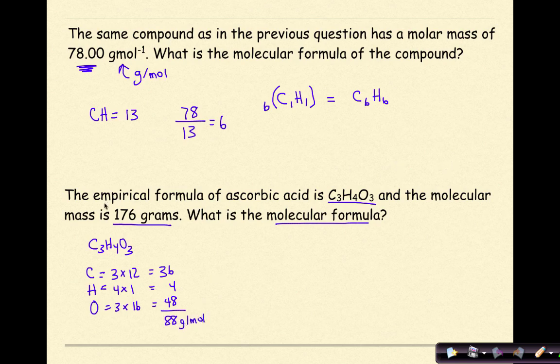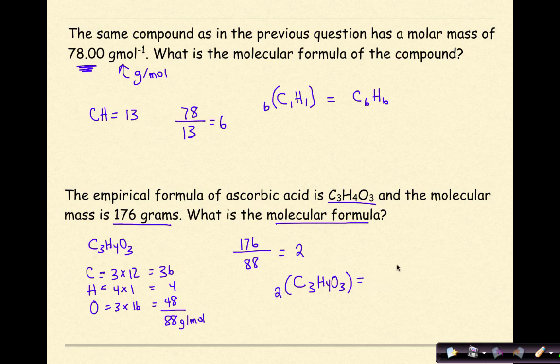They give me a molecular mass, and to figure out the molecular formula, I need to take the molecular mass, which is 176, over 88, which is my empirical mass. I divide that out, and in a perfect world, I should get a whole number. And in this case, I do. It's 2. So now what I want to do is I want to take my empirical formula, C3H4O3, and I want to multiply all those subscripts by 2.